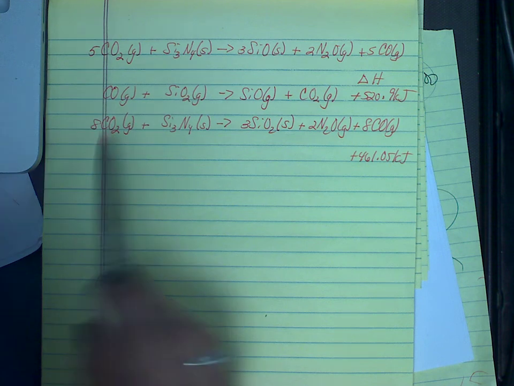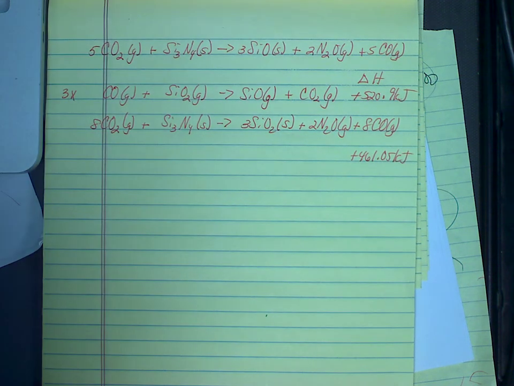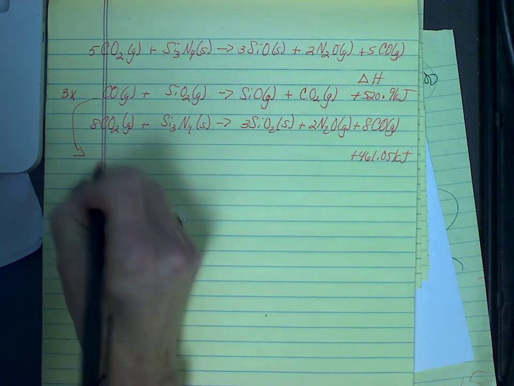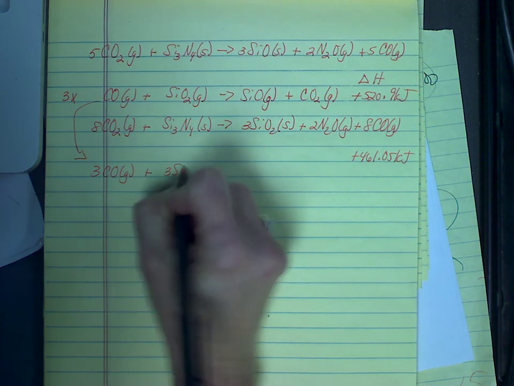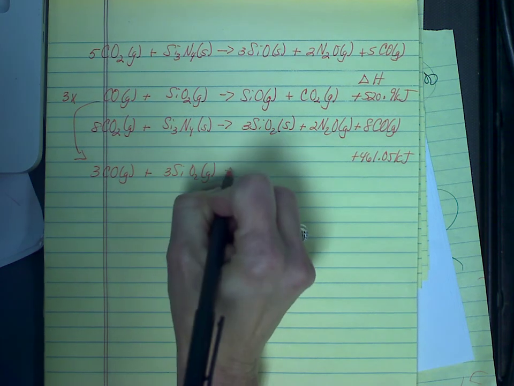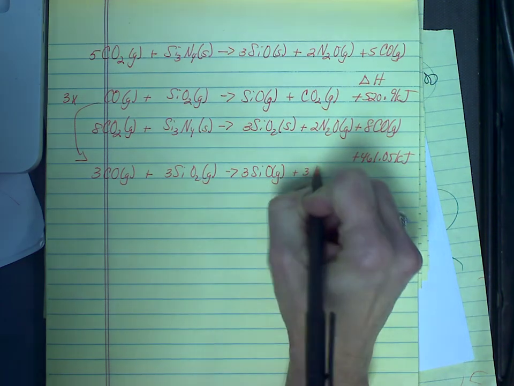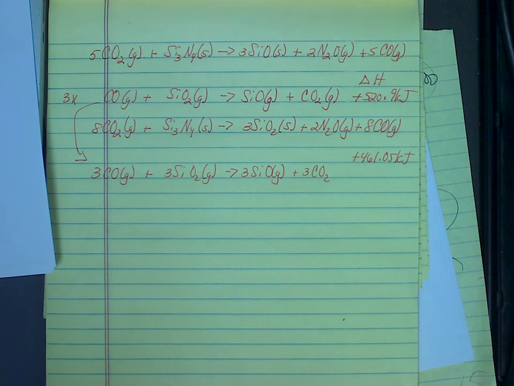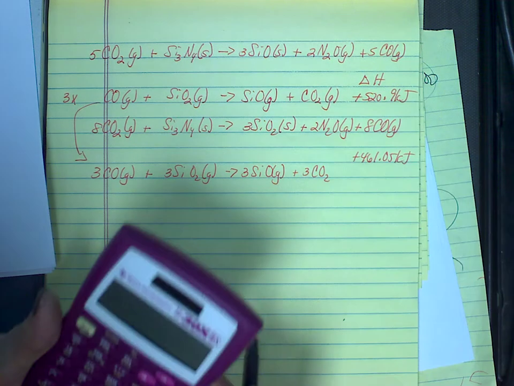You get me? So I'm going to multiply this entire equation times 3. Now, I'm going to bring it down here because I like to keep them separated. I'm going to say 3CO... And what you need to remember is that because I multiplied that entire thing times 3, I also have to multiply that times 3, okay?